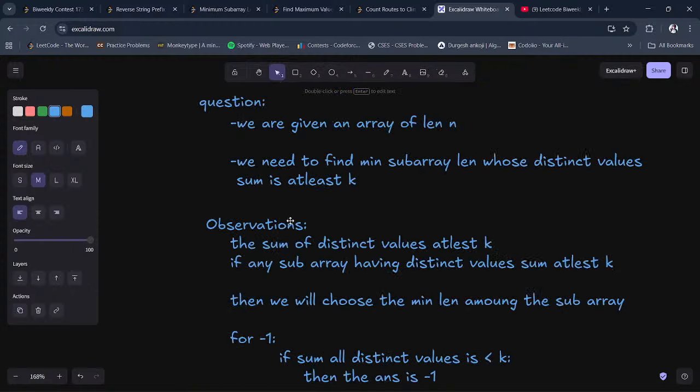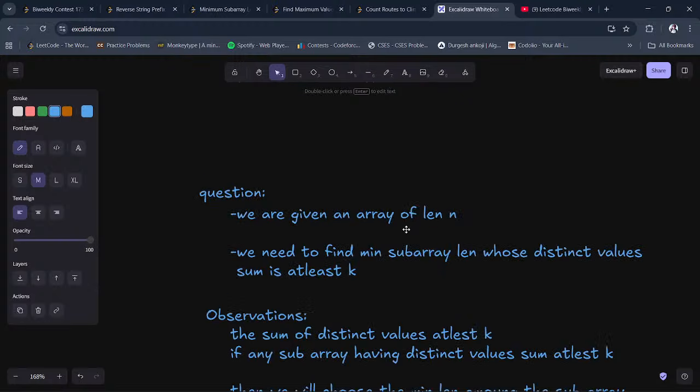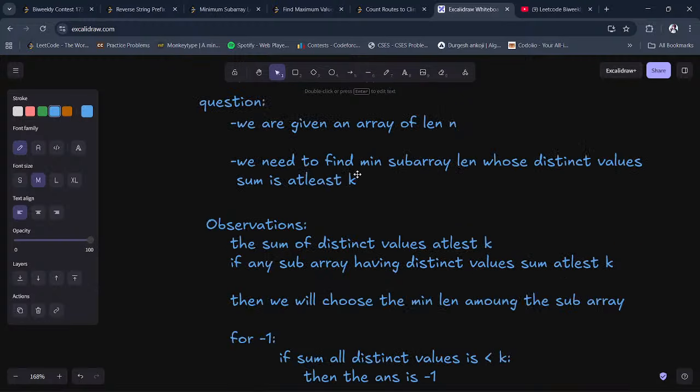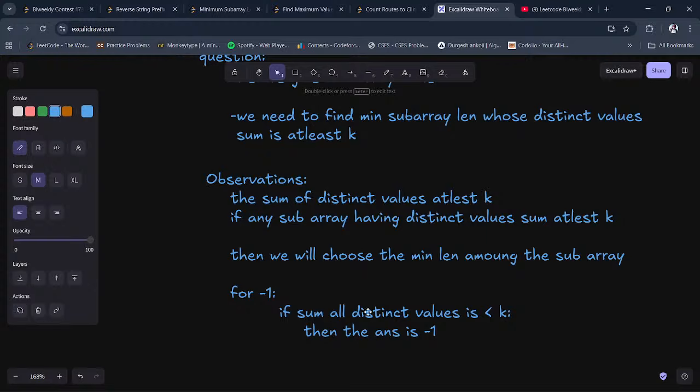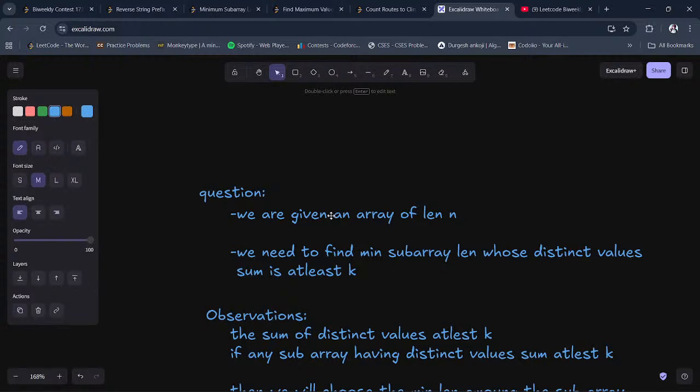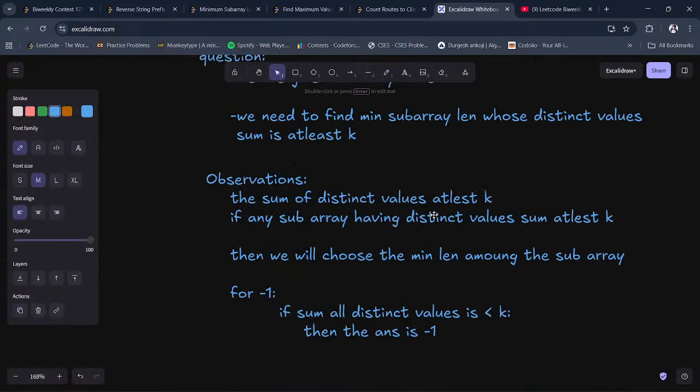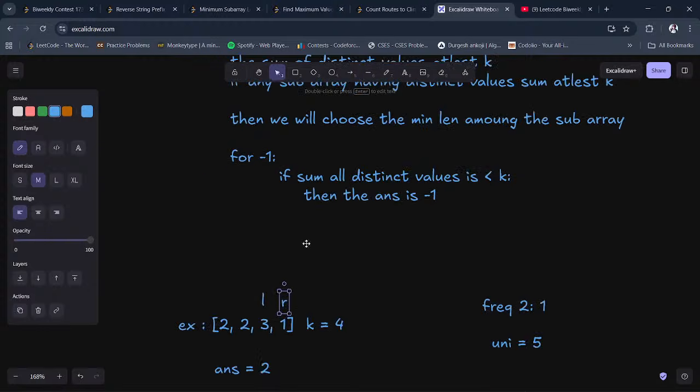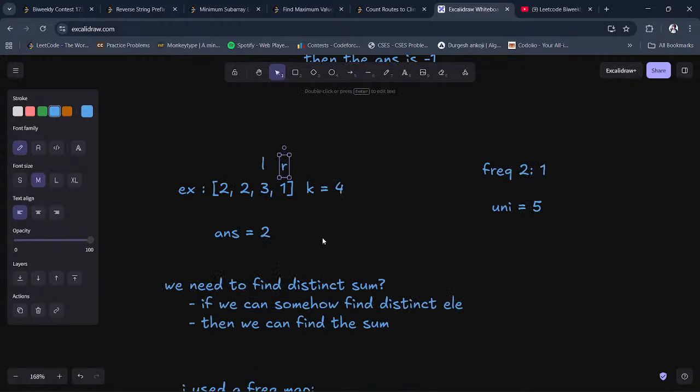Whenever you see a problem, understand the question first. Once you understand the question, try to find out the observations. We went through the same question, we derived each and every line, and we concluded something. Like we concluded the -1 condition, we concluded the minimum subarray length answer.